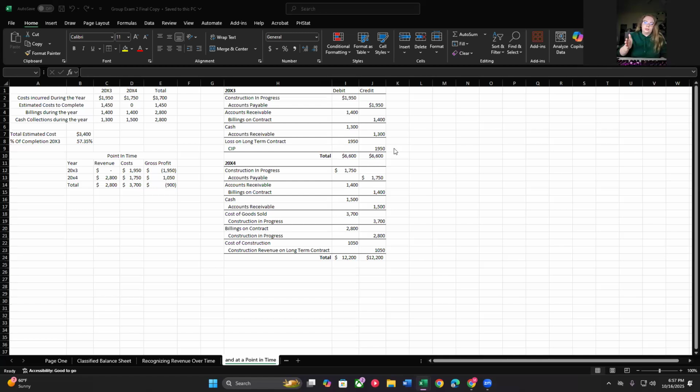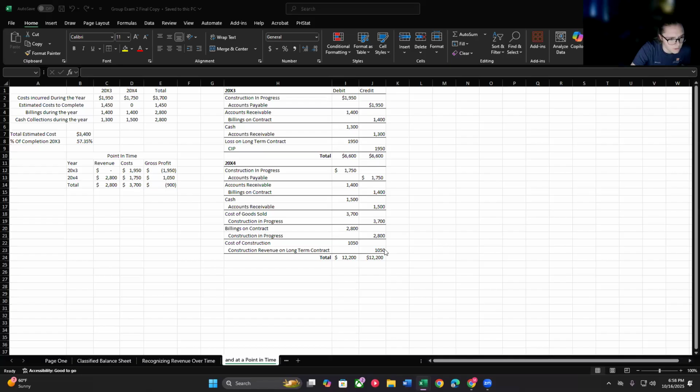So overall, those two would bring it to a loss of 900. Kind of like it shows on my little table there. It's still the same loss and totals at the bottom. It's just recognizing them at different times.